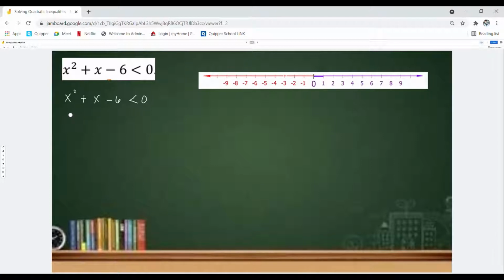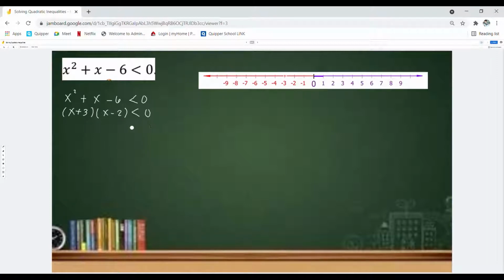If you are going to solve this one, of course you can use factoring as the easiest way, because it's a case 1 trinomial. Factors of negative 6: a positive 3 and a negative 2 make negative 6, but when added, give positive 1.